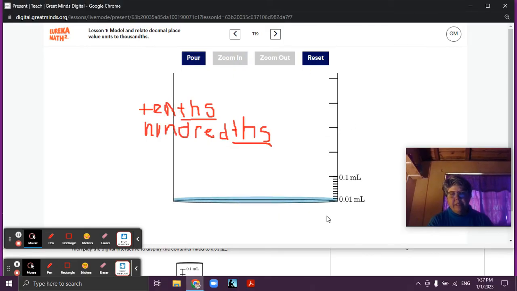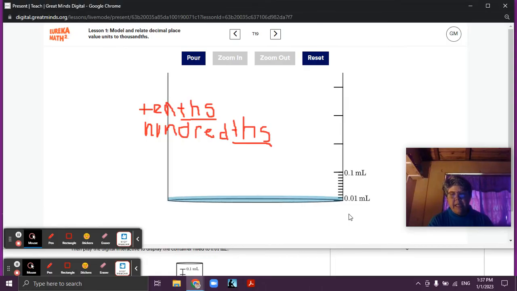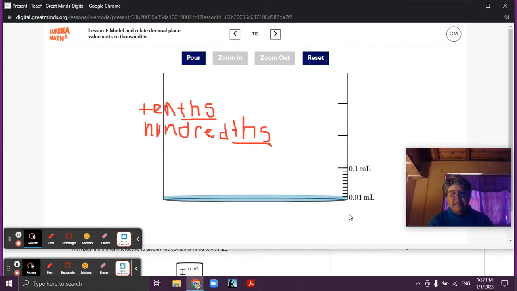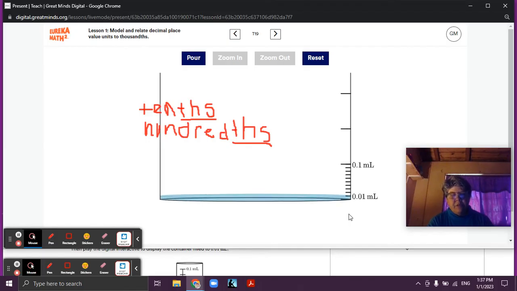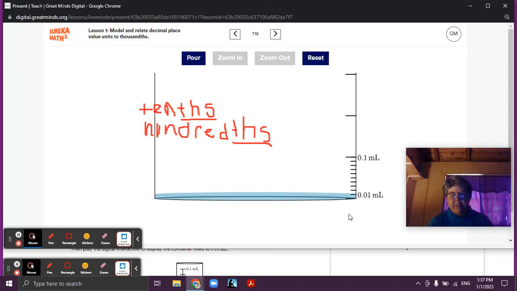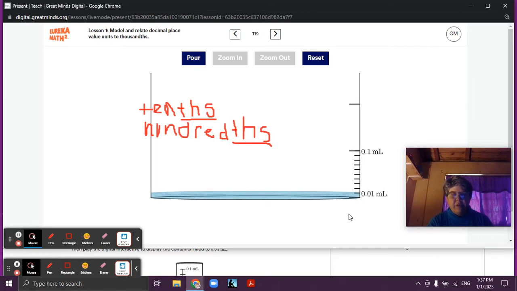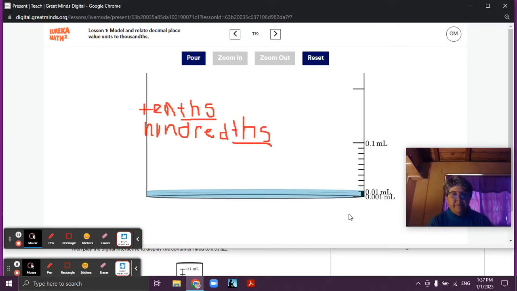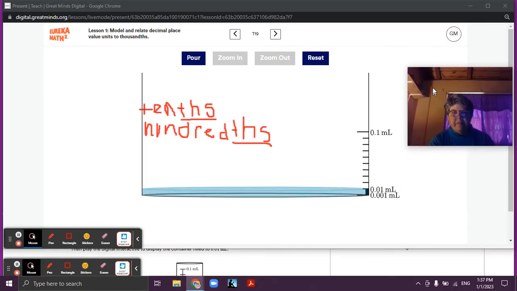And you guessed it, we're going to be breaking that 1/100th into 10 pieces. And each piece is going to have a name. So we have ones, we have tenths, we have hundredths. What is the new name going to be? You see it coming up there.